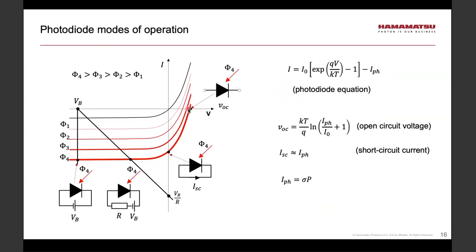If I were to change the light level, these different light levels are depicted by different values of phi, then the voltage at the terminals of the photodiode would depend on the light level in the way given by this equation. So one can see that the open circuit voltage would depend logarithmically effectively on the incident light power.